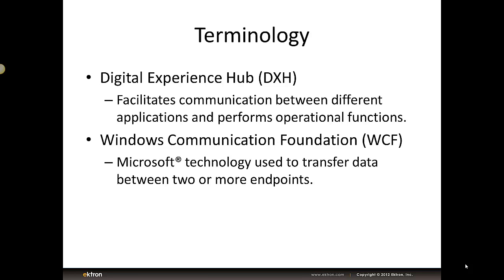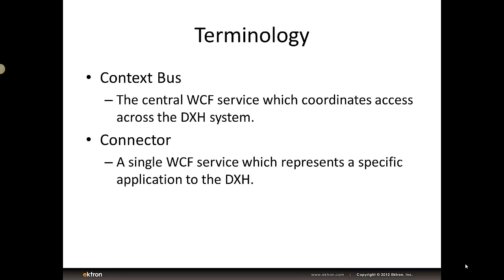So these are WCF services that can run independently on their own separate servers if you want them to. Each connector is a service, and the context bus itself is a service. And all of these can exist separately and be scaled separately depending on your needs. And we have the context bus. This is the central WCF service which coordinates access across the entire system.